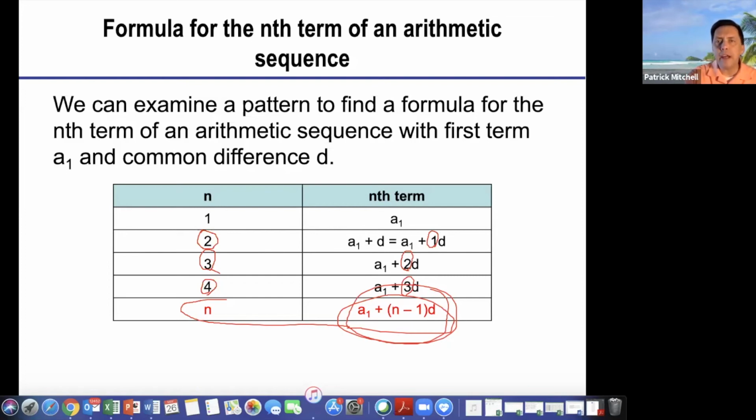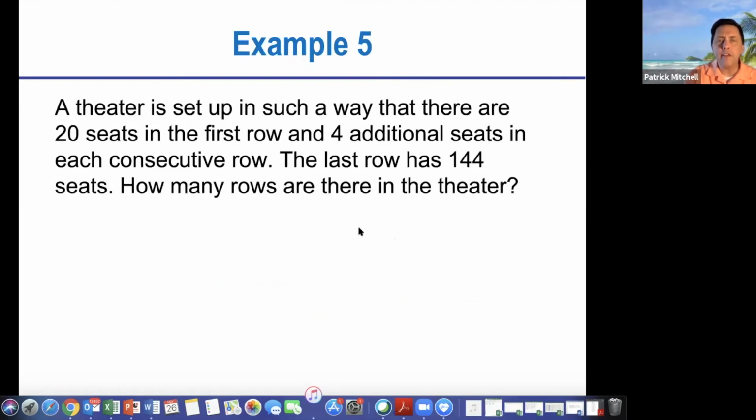Okay, so now if I get rid of my scribble here, we will go on to the next example. A theater is set up in such a way that there are 20 seats in the first row and 4 additional seats in each consecutive row. If the last row has 144 seats, how many rows are there in the theater?